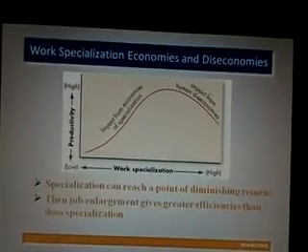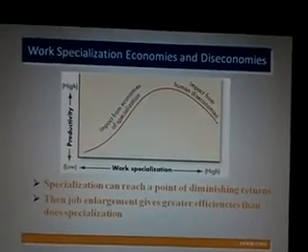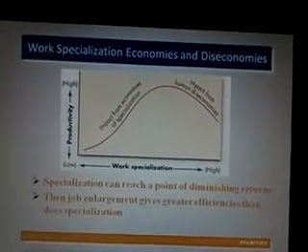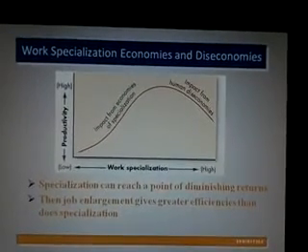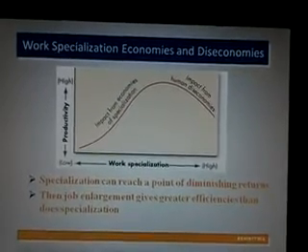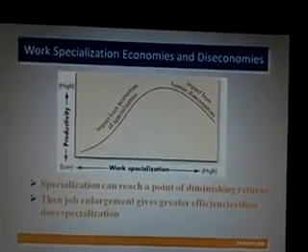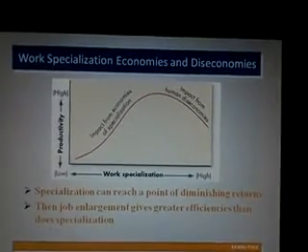So you see here, if you have too much specialization, you reach a point of diminishing returns. At that point, you want job enlargement. You want to make the job more general instead of more specialized, because you get a negative impact from human factors. You know, a person sits there and screws in a screw all day for 8 hours a day, and that's all they do.